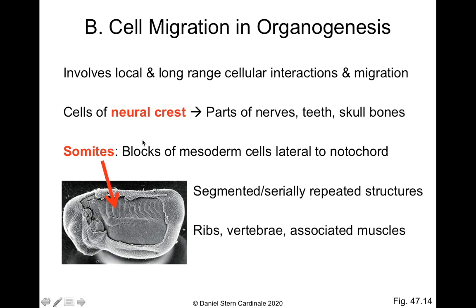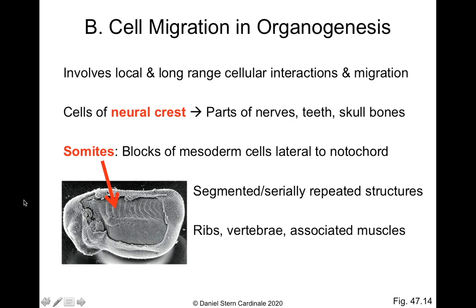Another group of cells that are really important for organogenesis are called somites. Somites are blocks of mesoderm that are lateral to the notochord, so they're on either side of the notochord from front to back in the body. So here you can see very clearly these blocks of tissue right here. Those are somites in this particular embryo.